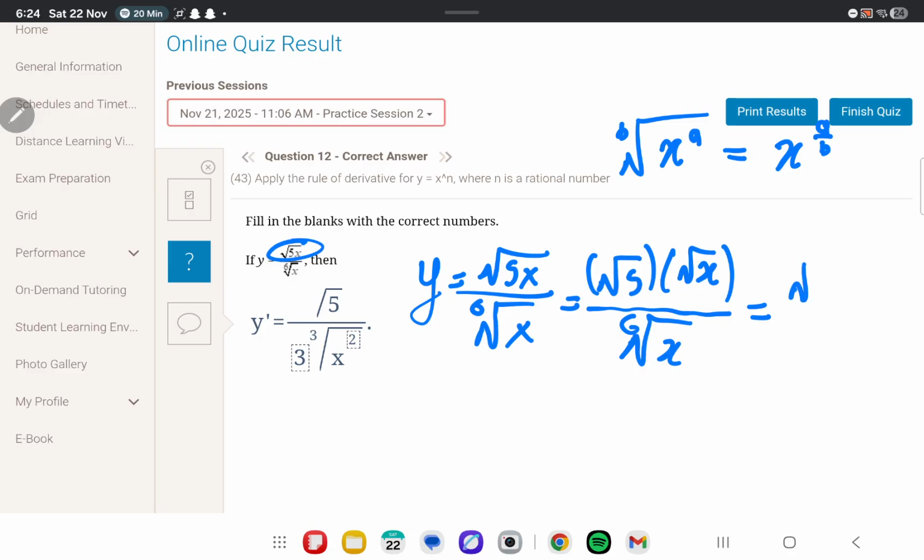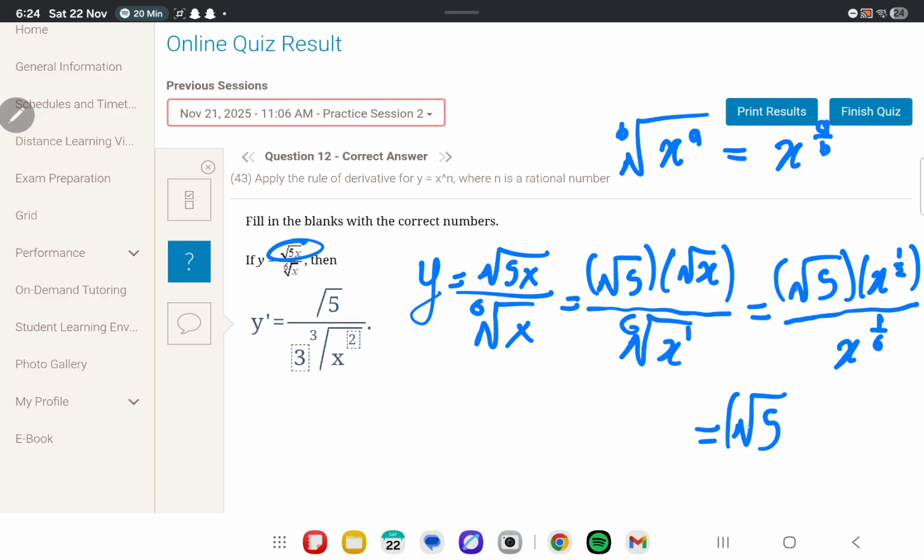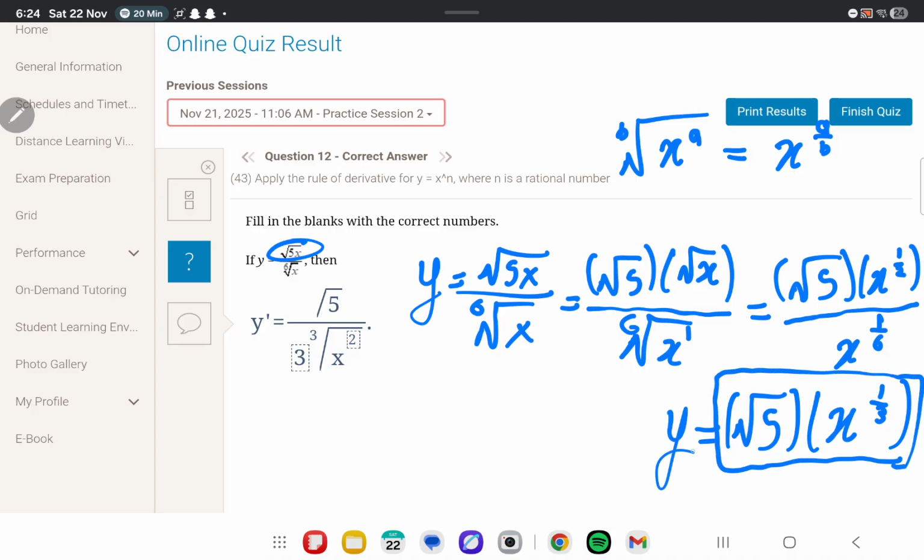So you can rewrite this as radical 5 times x to the power of 1 over 2 over x to the power of 1 over 6, since it's the 6th root. Now why am I doing this? Because if I divide exponents with the same base, I can just subtract them. So this is equal to radical 5 times x to the power of 1 over 2 minus 1 over 6, which is 1 over 3. And this is my answer. This is y, not y prime. Keep in mind, we're not done.